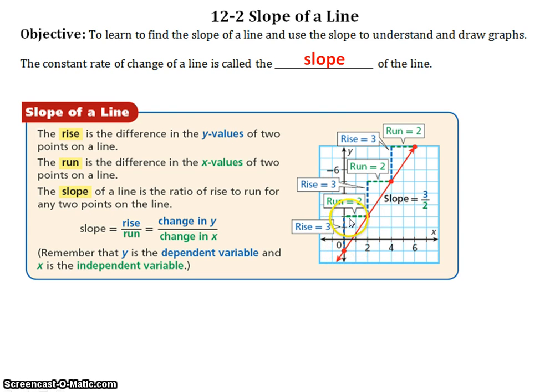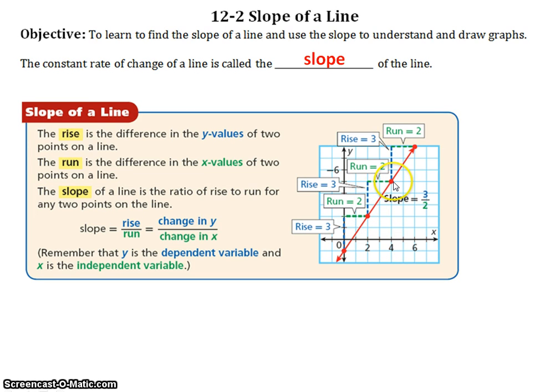For this dot, the y value is 2. For this point on the graph, the y value is 5. So from 2 to 5, 1, 2, 3, it's a difference of 3.